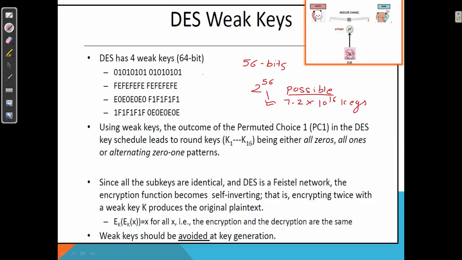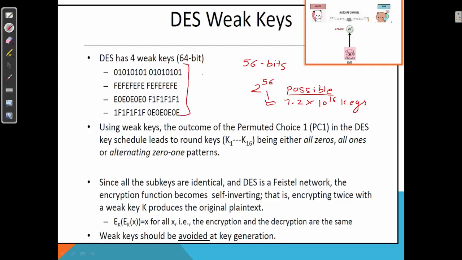All 4 weak keys are either all 0s, or all 1s, or an alternating sequence of 0 1 0 1. These keys are known as the 4 weak keys.